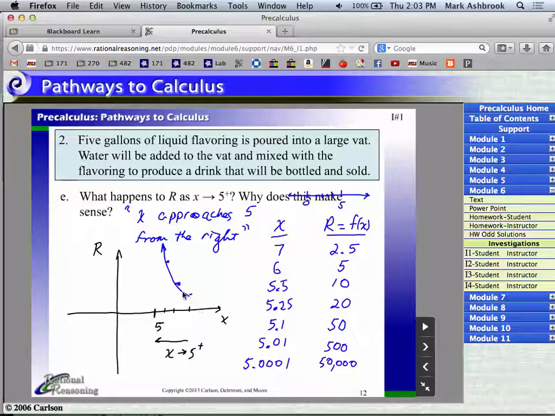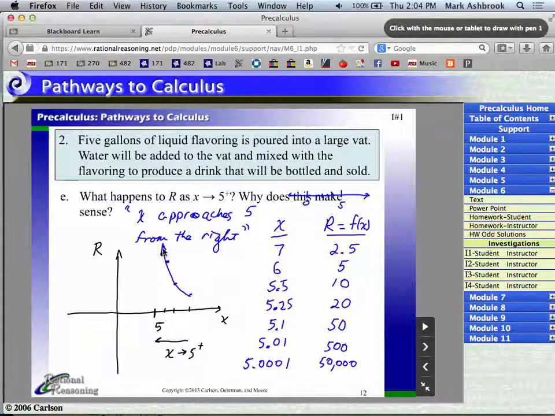Like this. What about x equals 5? What happens to the ratio of flavoring to water if x equals 5? There's no water. So what about the ratio? Yeah, it's undefined. It's so huge that you can't put a number on it, right?